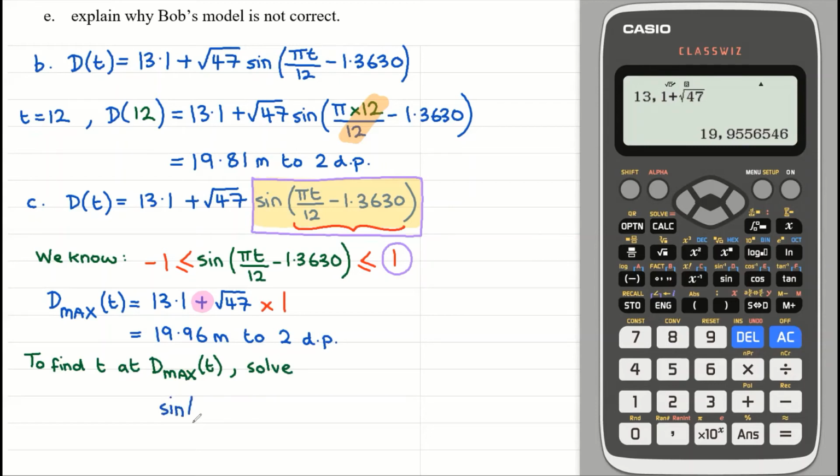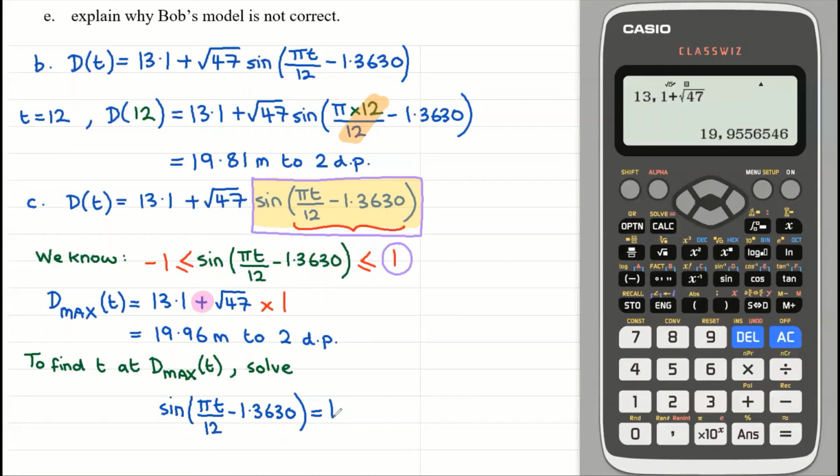We know that the maximum occurs when all of this, the sine function part, the 1.3630 inside the bracket, when all that is equal to 1. We just have to solve that equation. You could set the whole d of t equal to 19.96 and rearrange it, but you would just basically get the same thing, and you might not quite get 1 depending on how you've rounded it. So that's the equation we need to solve.